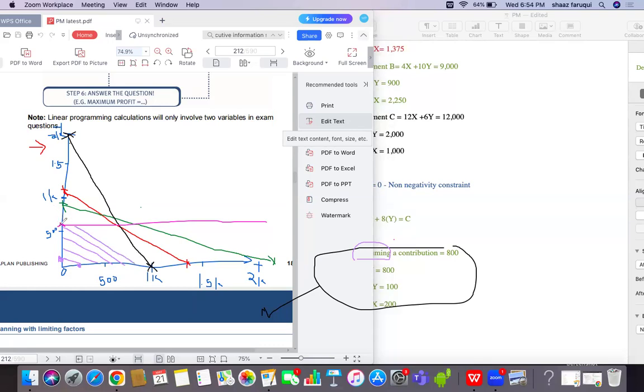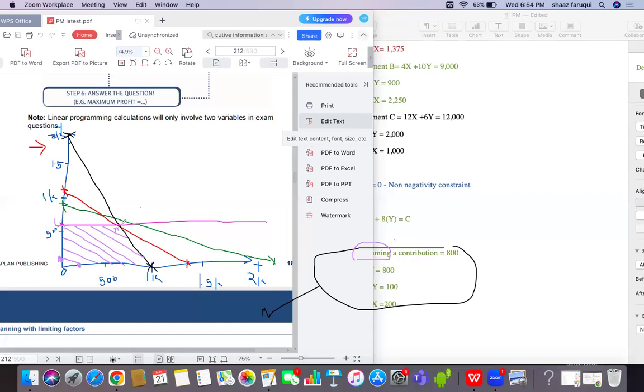See, I've already touched this point. I want to know which is the farthest away. I believe this point where the red and the black lines meet is the point which is the farthest away point within the feasible region.